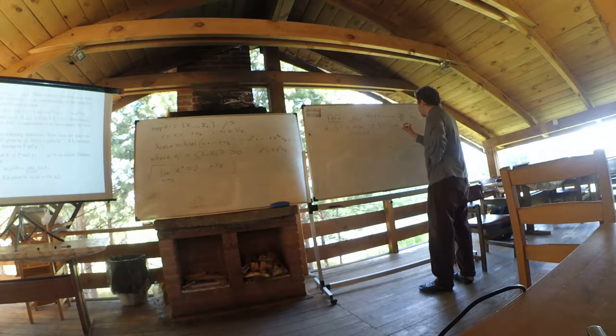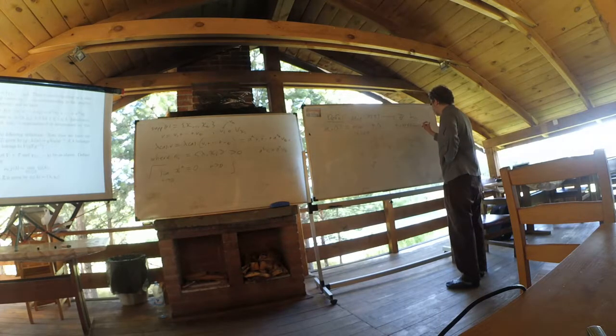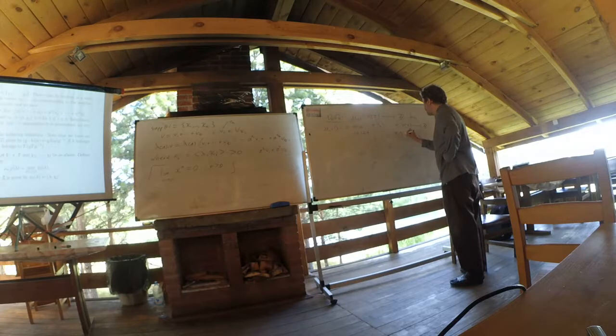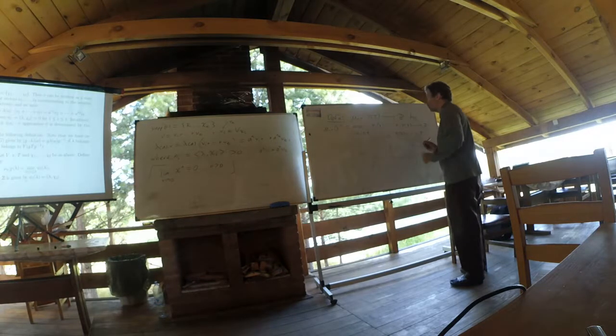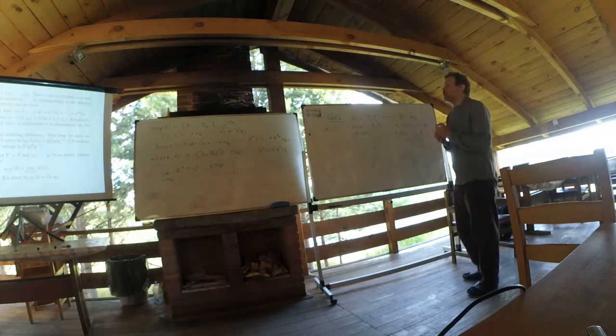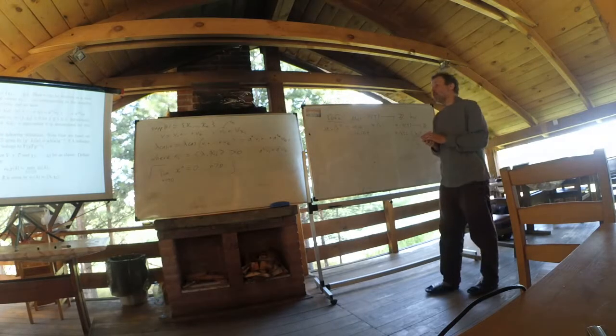So psi i we can think of as being a function that takes co-characters to integers. Psi i of lambda equals the pairing of lambda with chi i.